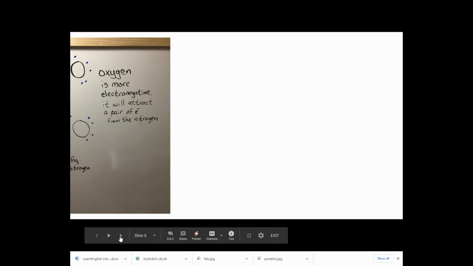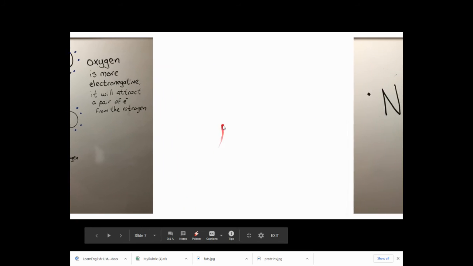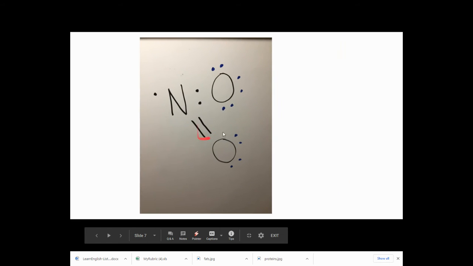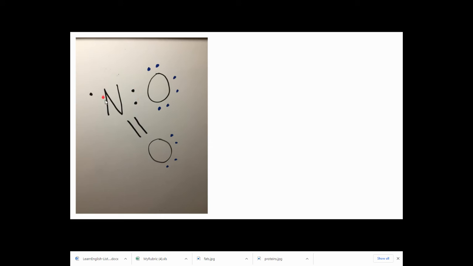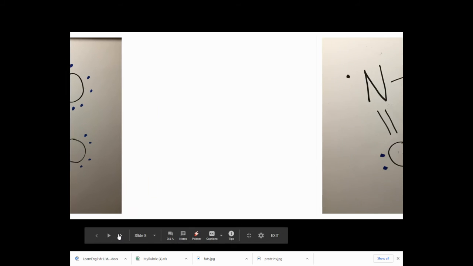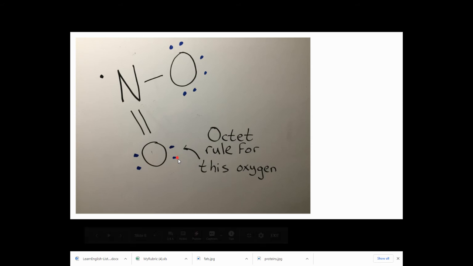So that pair is going to be attracted, as we can see here, and a single covalent bond will be formed. These 2 electrons come from this nitrogen. Then, as I said, a single covalent bond will be formed.